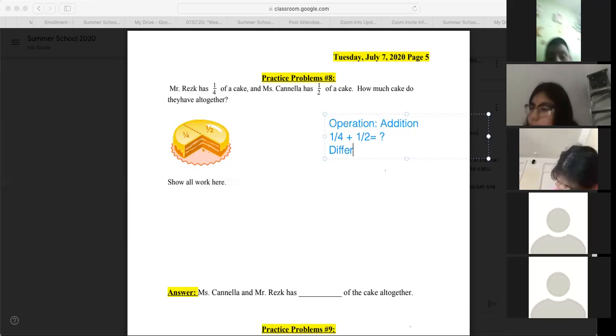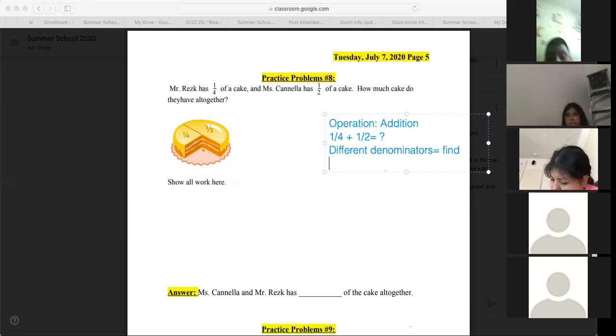So I have different denominators. Please mute yourself, okay, Leilani and Lorenzo? Different denominators means I have to find the least common denominator. Okay, this is the least common denominator.